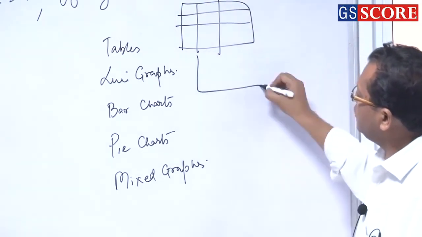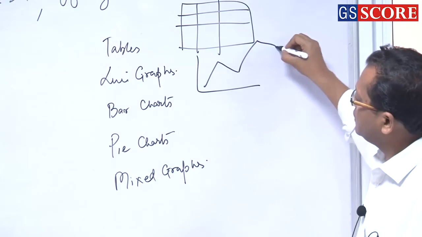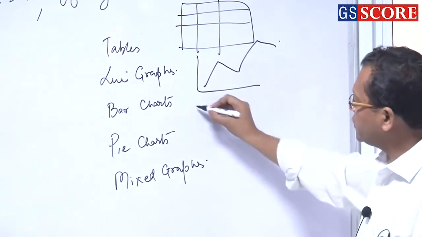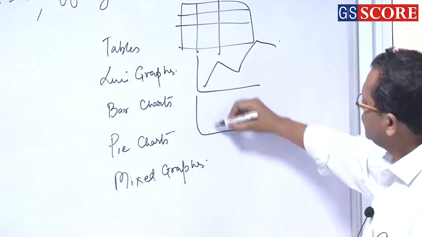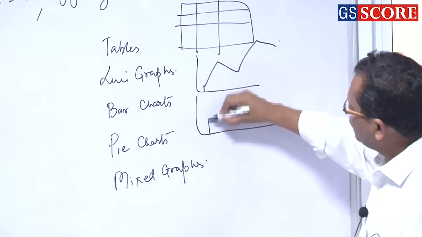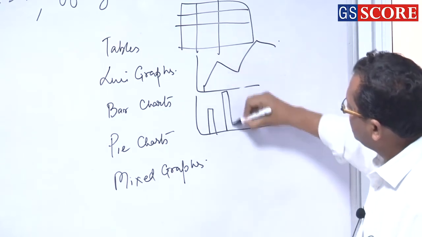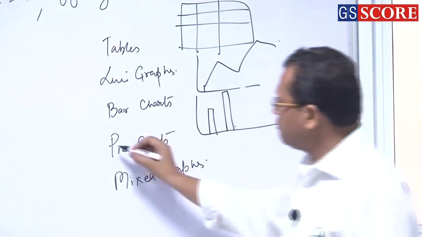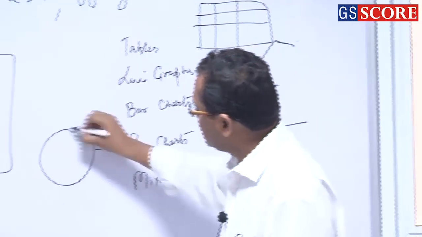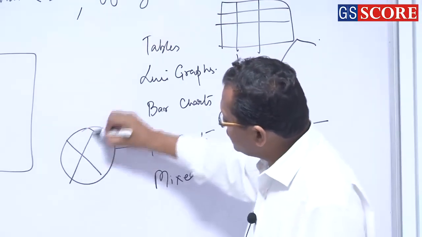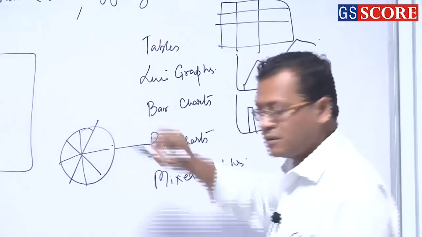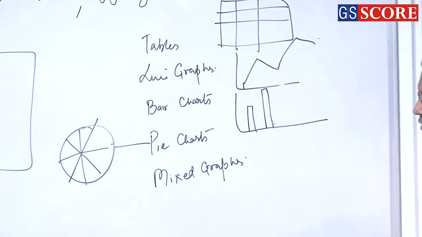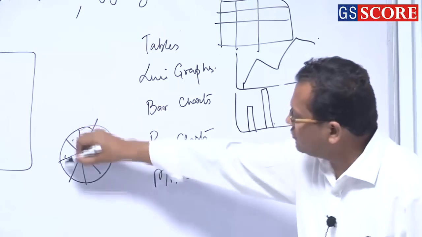Line graphs will be in this format. Bar charts, in place of points you draw histograms over there. Pie charts, data is given in the form of circles. All these parameters are given over here.